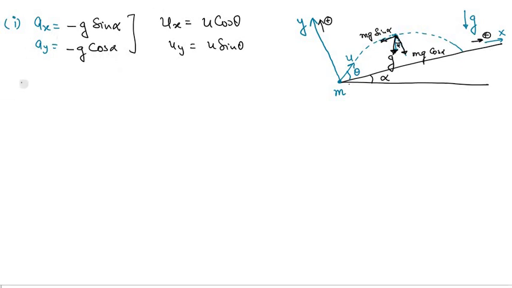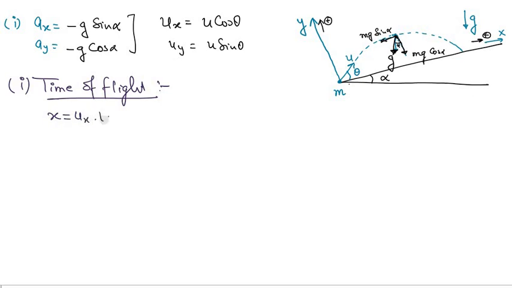Now I am going to do a similar thing and define some parameters. First is your time of flight. The first equation is x equal to ux into t plus half ax into t square, and y is equal to uy into t plus half ay into t square.